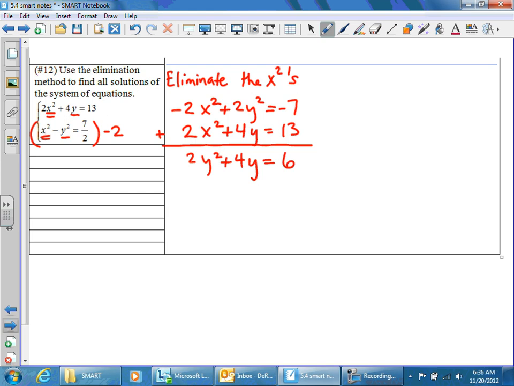So I got 2y squared plus 4y equals 6. So let's set that equal to 0, since it's a quadratic. I can divide by 2 all the way through.